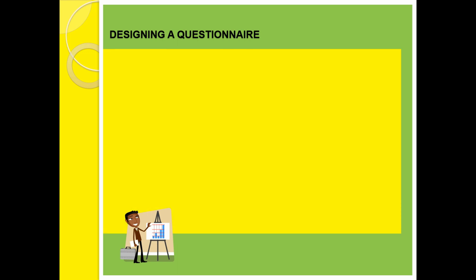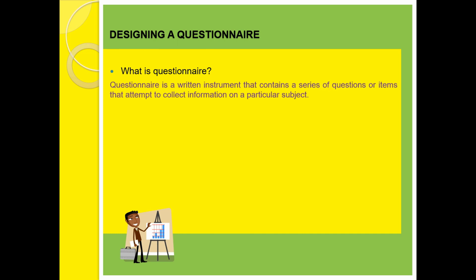What is questionnaire? So questionnaire is a written instrument that contains a series of questions or items based on his research objective. So this one, some steps or guidelines for a researcher to design a good questionnaire. First, the researcher have to specify the information to be collected.